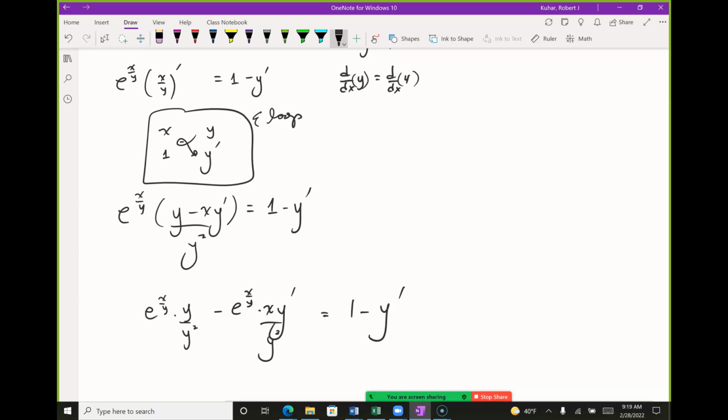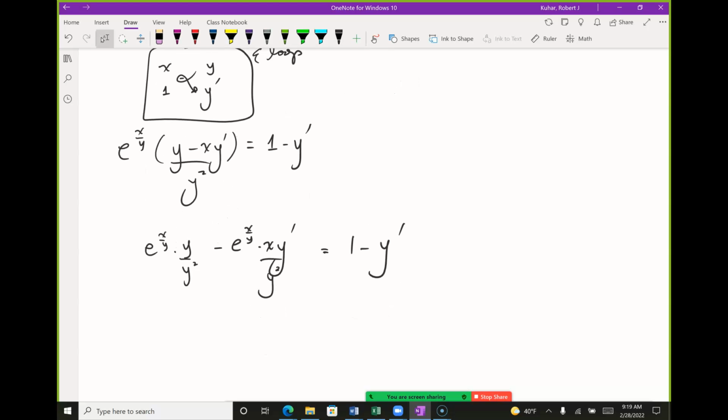I want to get all of my y prime terms on one side, trying to minimize the number of negatives. Doesn't matter what I do here, I'm going to still have two negatives. So I have y prime minus e to the x over y times x y prime over y squared. And on the other side, I'm going to get 1 minus e to the x over y times 1 over y. Right? One of those y's reduced there.